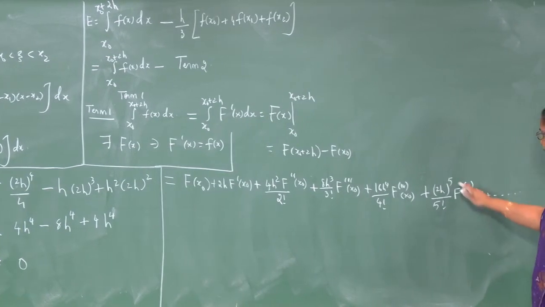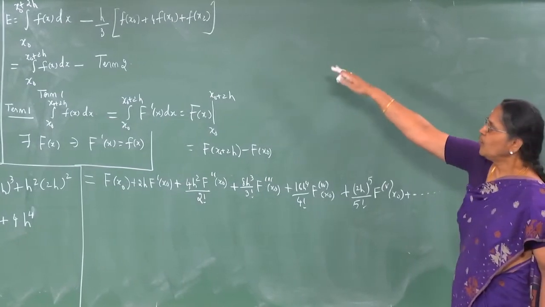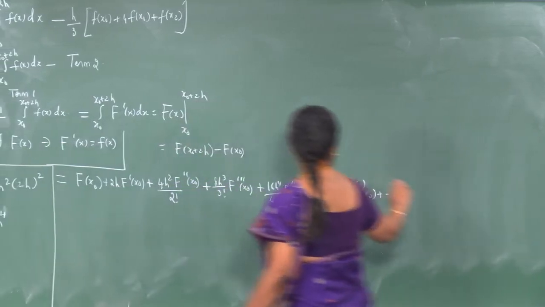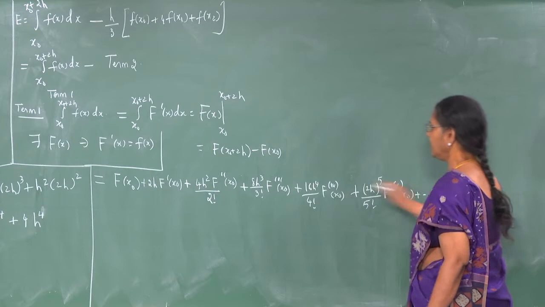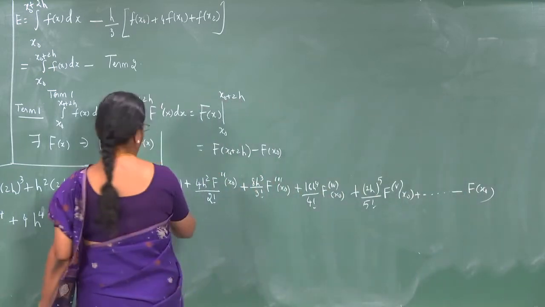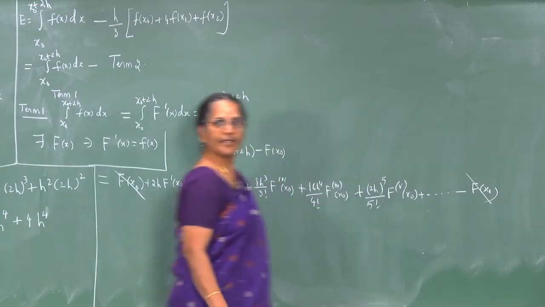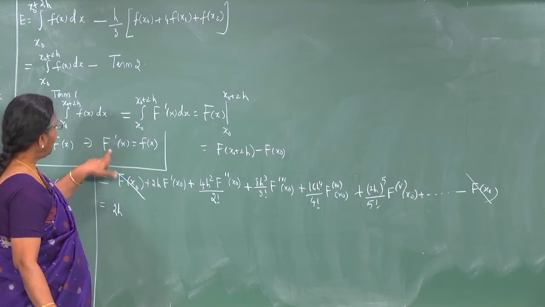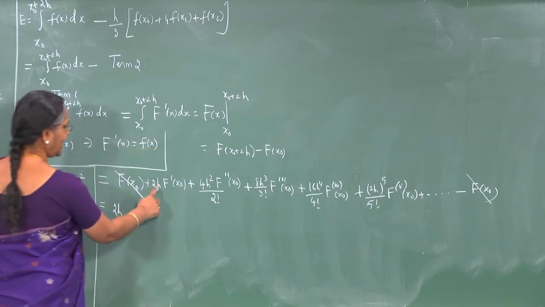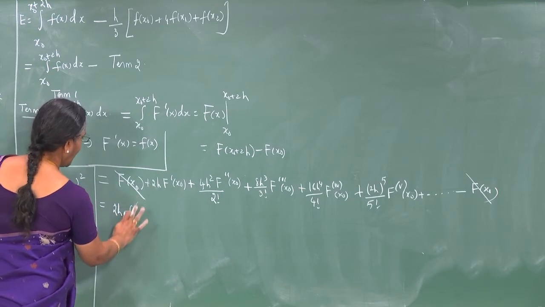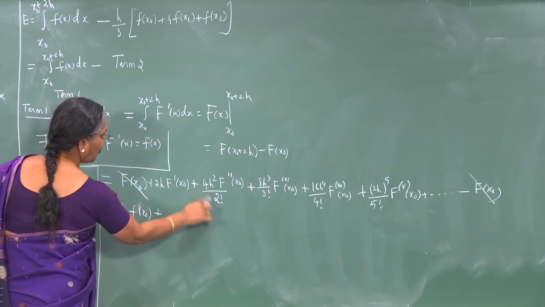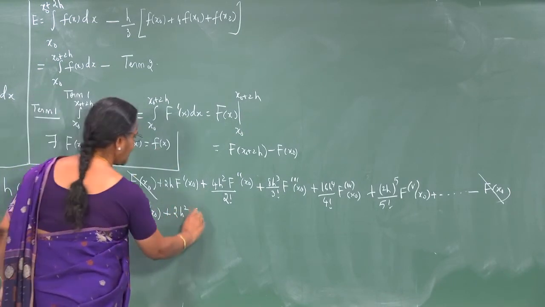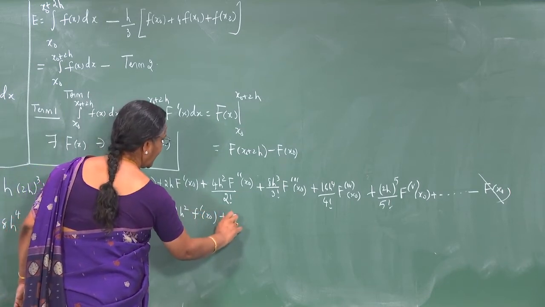So, you will see why I have stopped with this later on when we also complete the evaluation of the second term. This minus f at x naught, which appears here. So, f of x naught can be cancelled, and this gives us 2h into, I know that f dashed of x is f of x. So, f dashed at x naught is small f at x naught plus 4h square by factorial 2. So, 2h square, f double dashed is small f dashed, then 8 by 6.